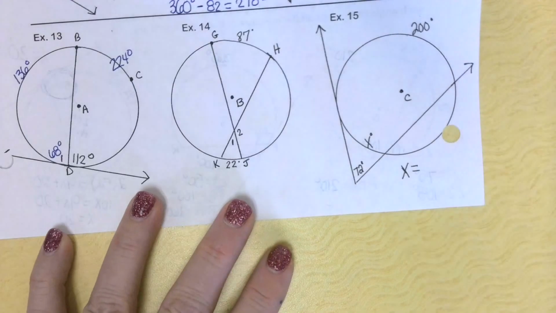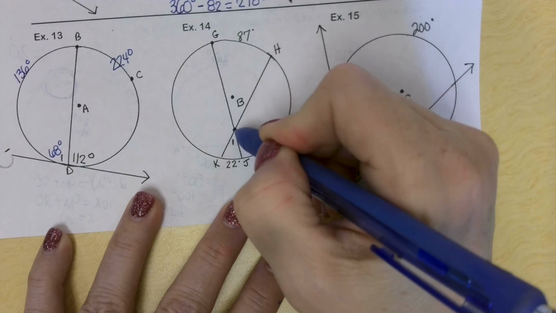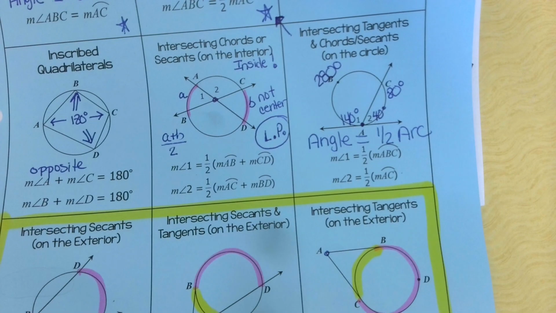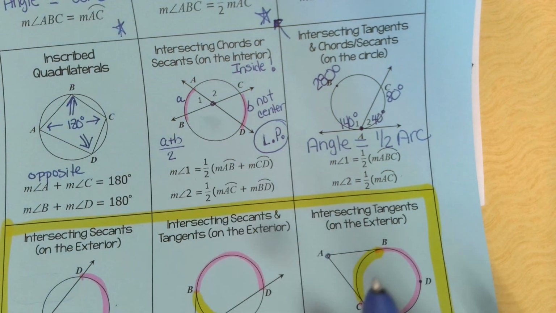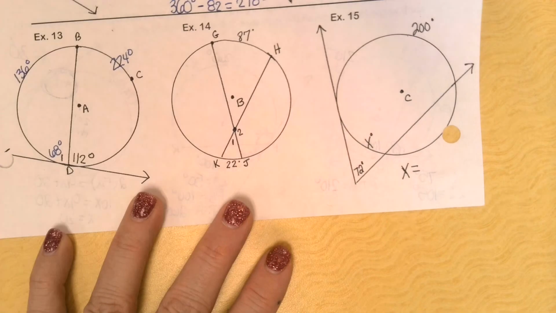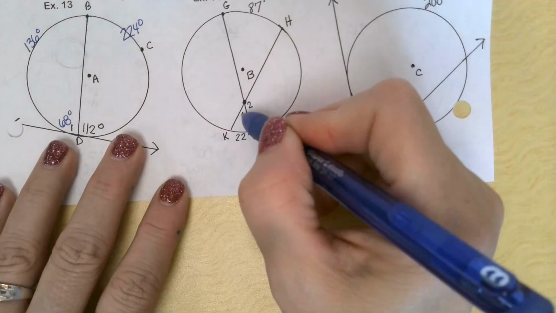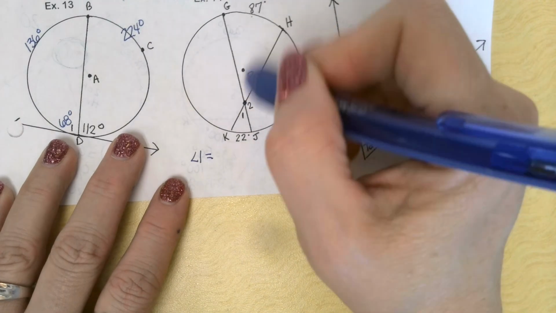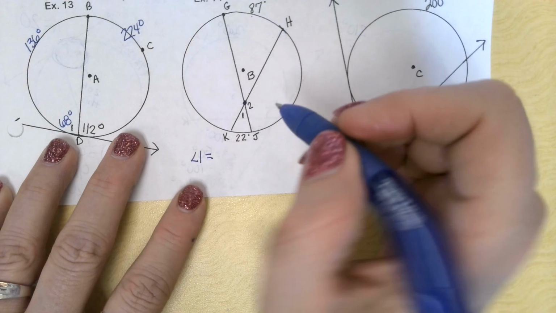All right, number 14 goes off of, so they're intersecting inside the circle, but not at the center. That is going to go off of this one. Okay, go ahead and do number 14. All right, let's see if you got it right. So we're going to say angle 1 equals a plus b divided by 2. Really, it's 1/2 a plus b, but I like the divided by 2.